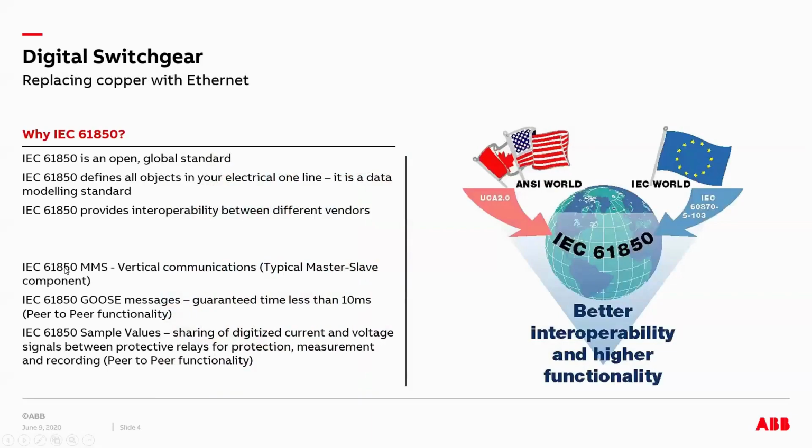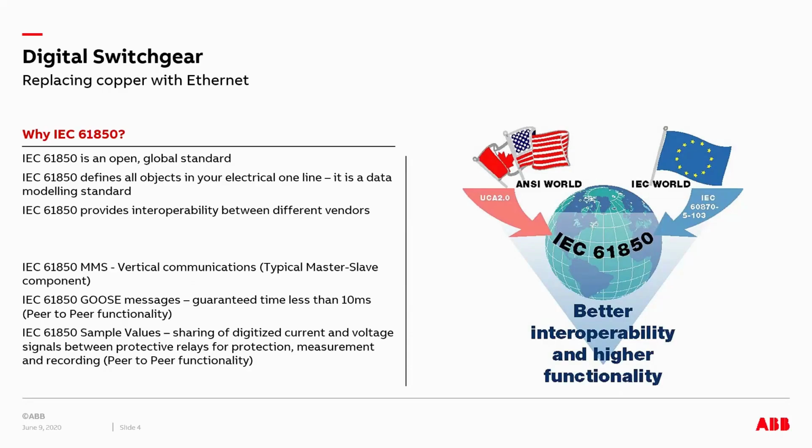So how do we replace the copper wiring? As I mentioned earlier, the copper wiring is primarily from the CTs and PTs installed in the panel, and also between the inputs and outputs of the relays, and between the panels, between the relays, to make a protection and control scheme.